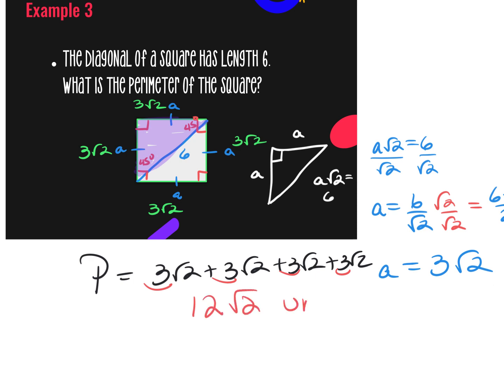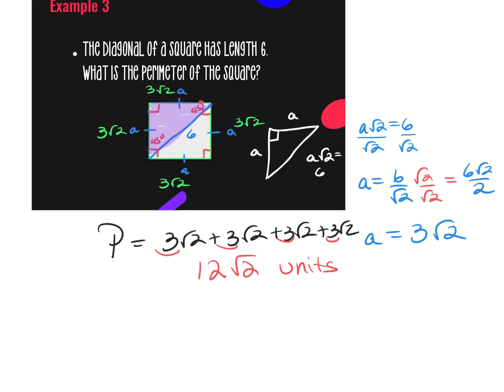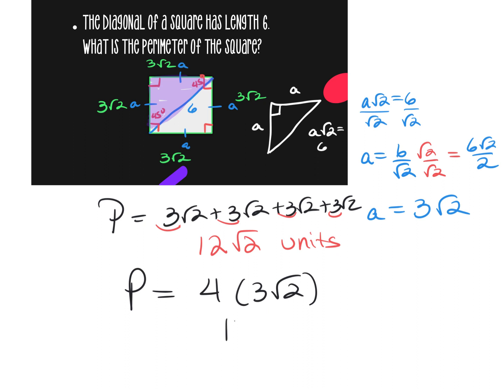And there's no units in the picture, so I would just say that it's 12 square root 2 units. The other way you could do it is if you recognize that it's a square and just do 4, there's 4 sides, and do 4 times 3 square root 2, and you get the same answer either way. So either add them all separately, or since it's a square, all 4 sides have the length of 3 square root 2, so just times it by 4.